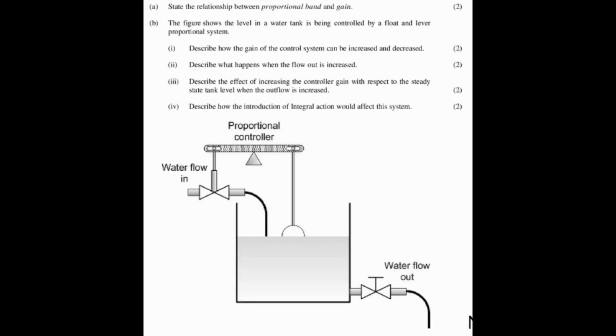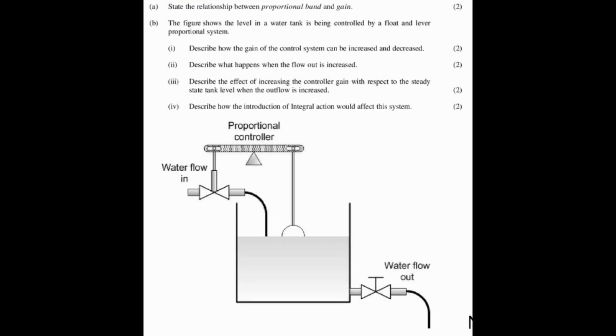A. State the relationship between proportional band and gain. B. The figure shows the level in a water tank that is being controlled by a float and lever proportional system. 1. Describe how the gain of the control system can be increased and decreased. 2.